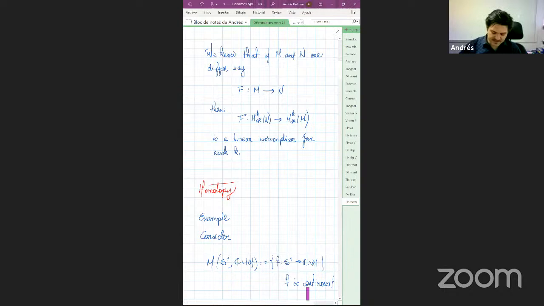So for the time being, I will consider only continuous functions, although for this class we will need them to be smooth, because this and this are manifolds, so it makes sense. But for the time being, let's only consider continuous functions.